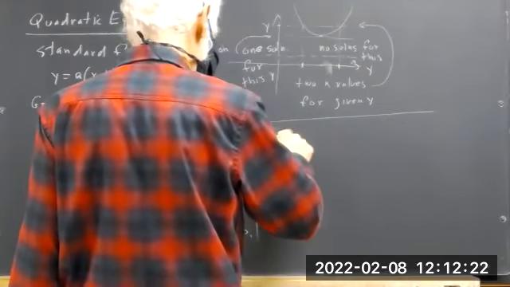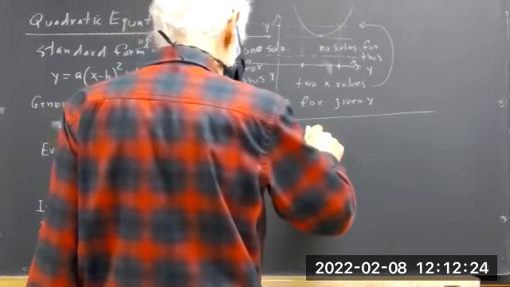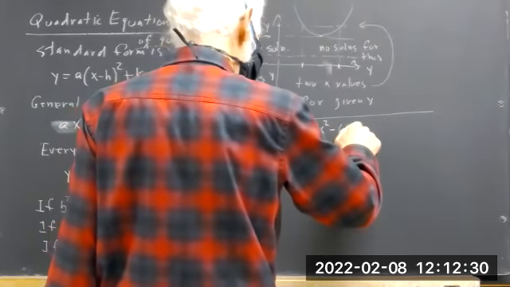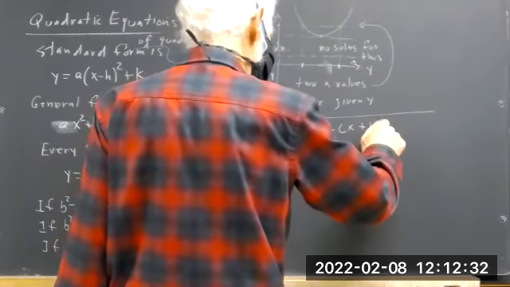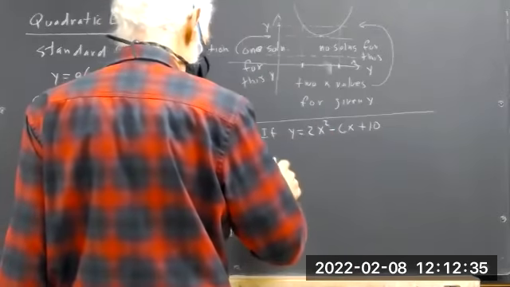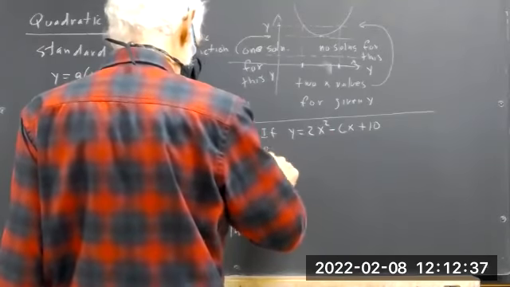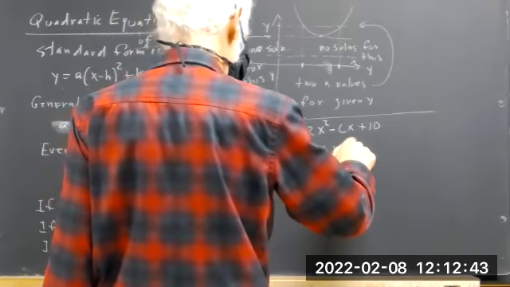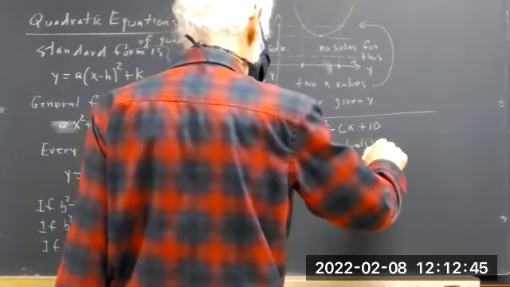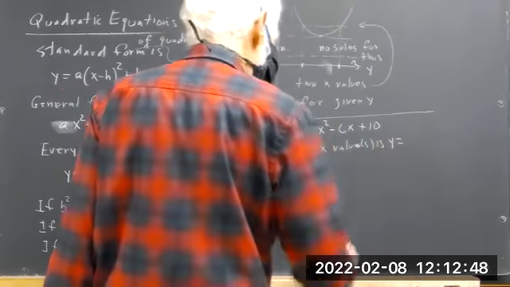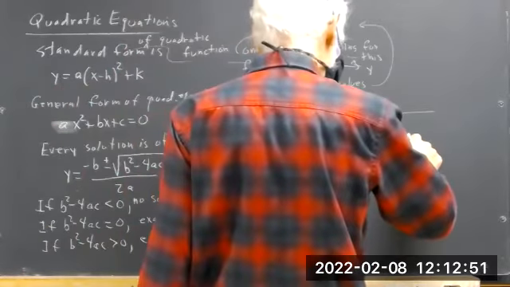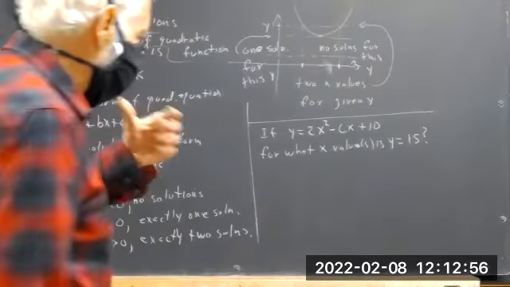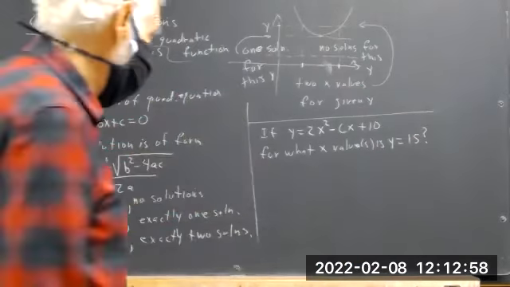So if y equals 2x squared minus 6x plus 10, what value of x... let's say y equals 15. That's the context in which you might use the formula.